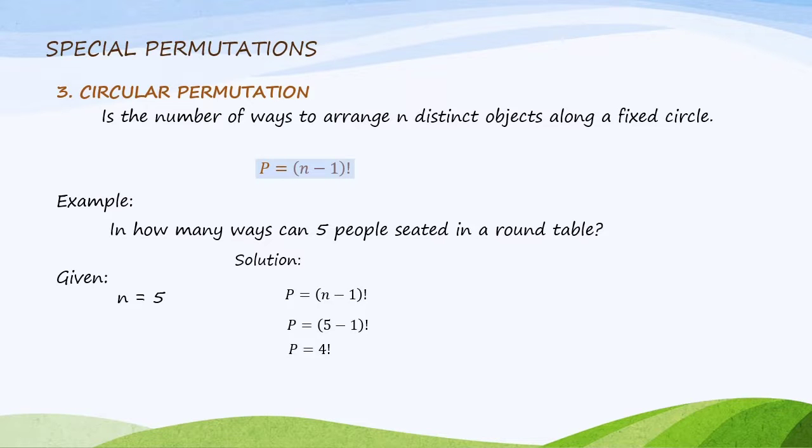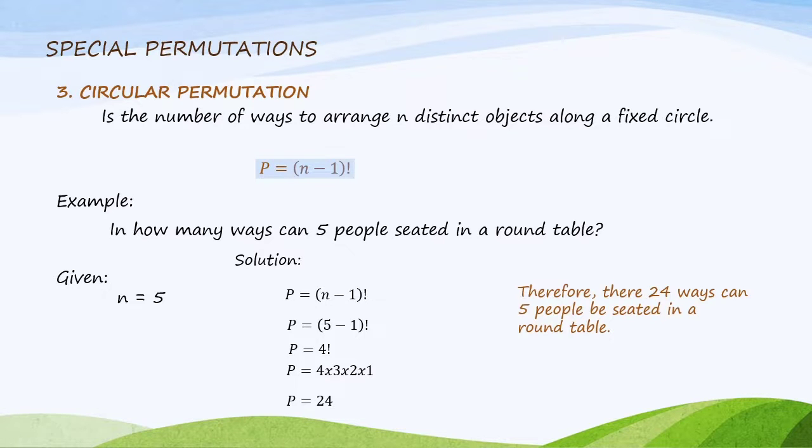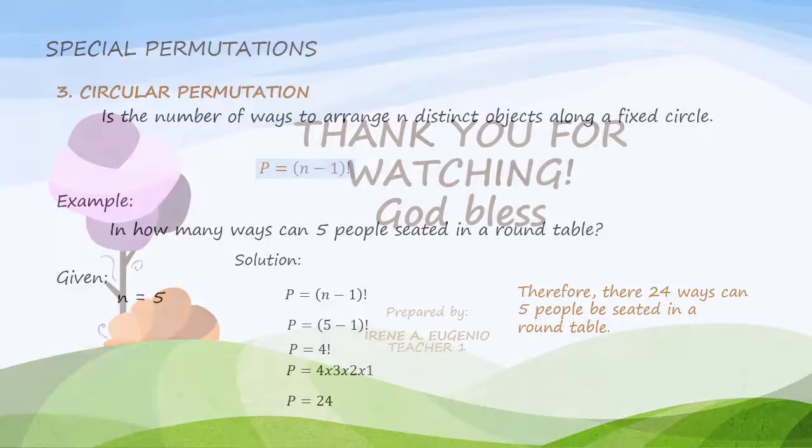Then simplify 5 minus 1, so that is equal to 4. So P equals 4 factorial, that is equal to 4 times 3 times 2 times 1. Then P equals 24. Therefore, there are 24 ways 5 people can be seated at a round table.